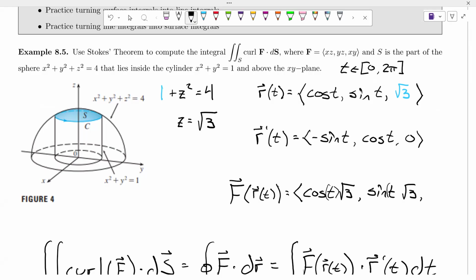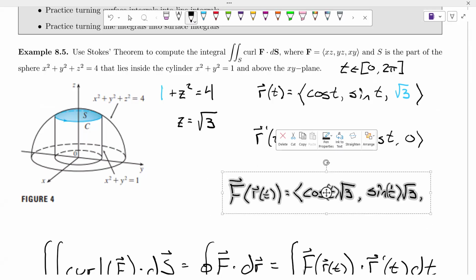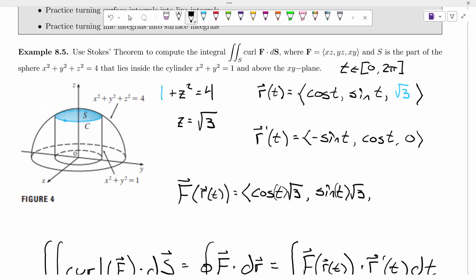Maybe I'll put some parentheses around those. And the third component, x times y, that's just cosine t sine t.